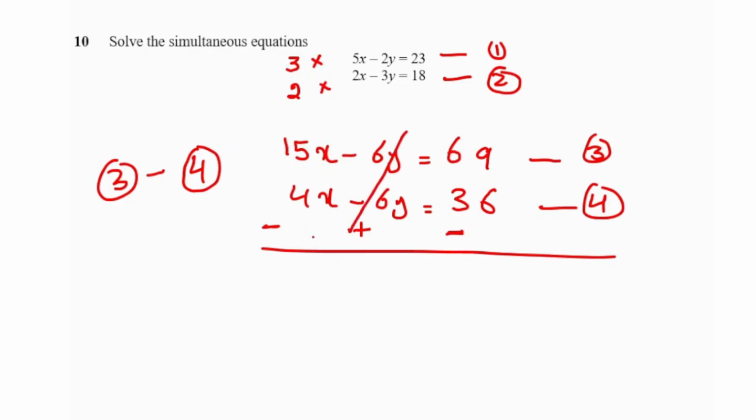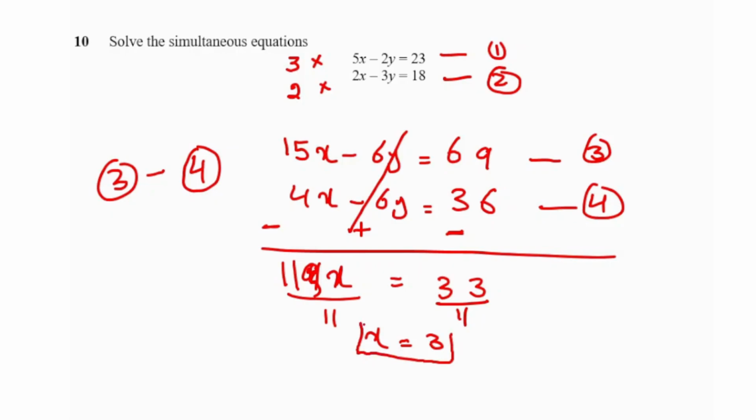So 15x minus 4x, 15 take away 4 is actually 11x, yeah? So we're going to divide both sides by 11. So x is equal to 3. So we got the value x equals 3.